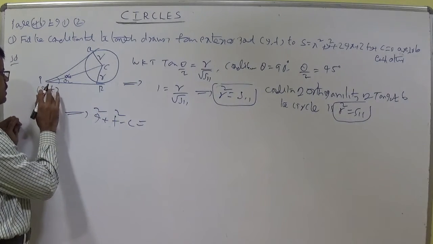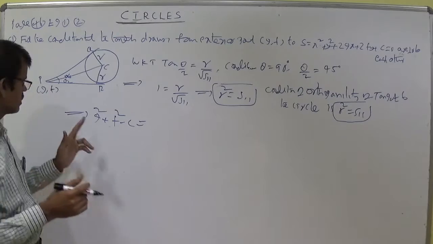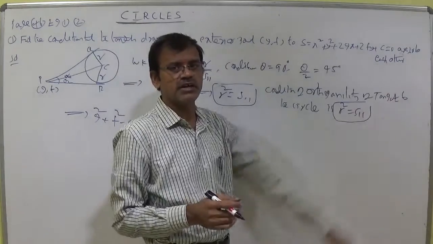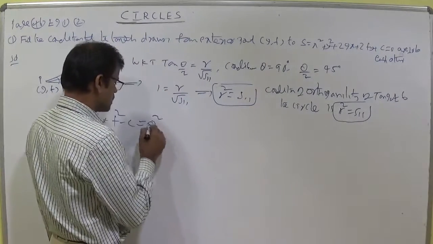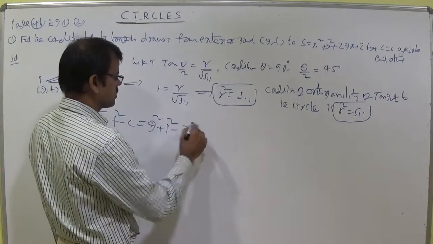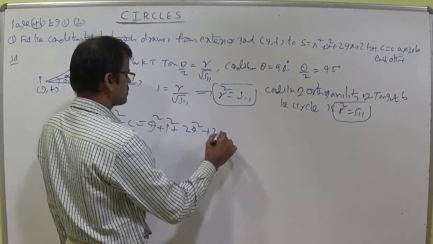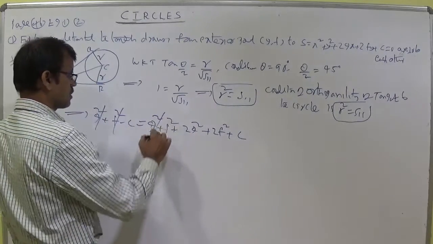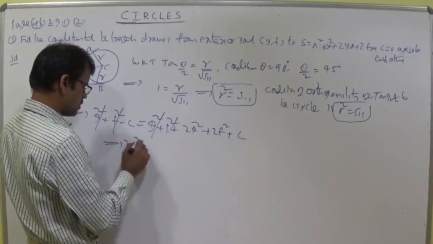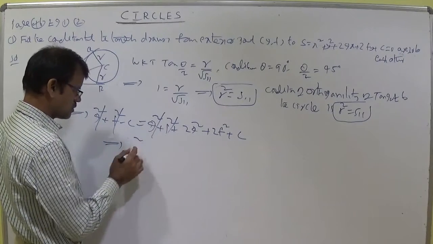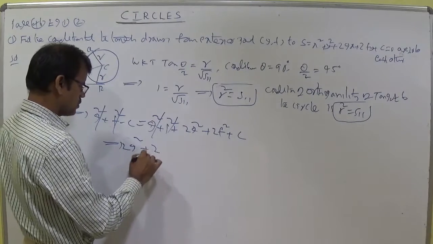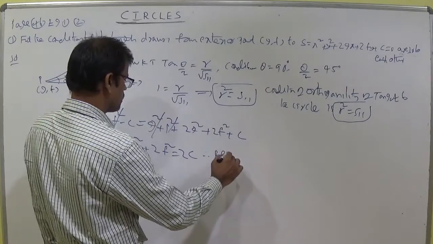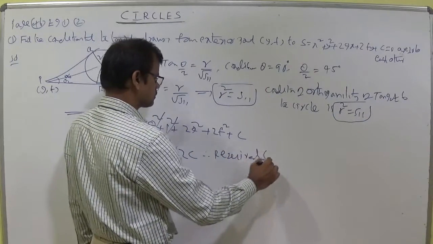Whatever the point, external or internal, anything he gives, if you substitute the point in the circle, you will get the S11 value. So substitute: g square plus f square plus 2g square plus 2f square plus c. Here g square, f square got cancelled. So you can write 2g square plus 2f square is equal to 2c. Therefore, the required condition.